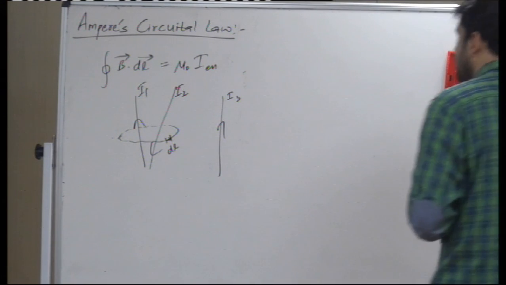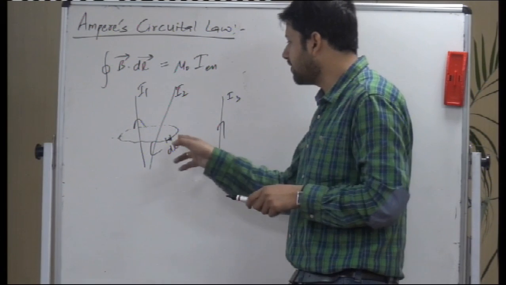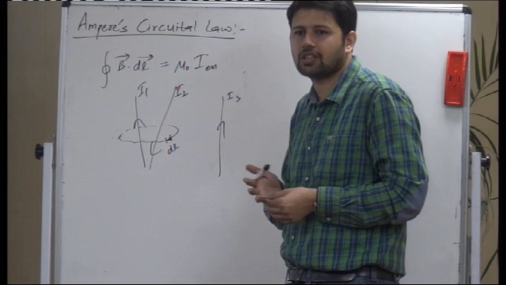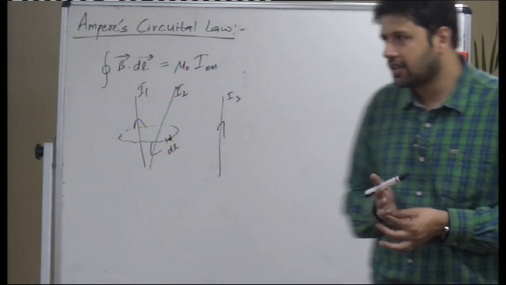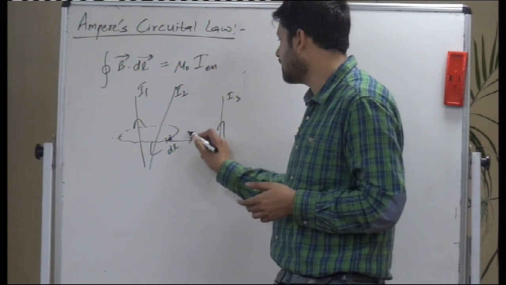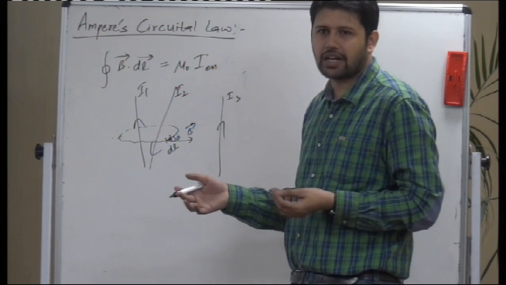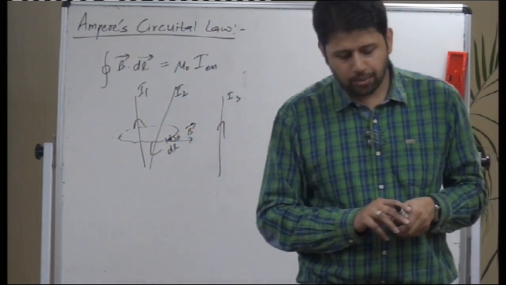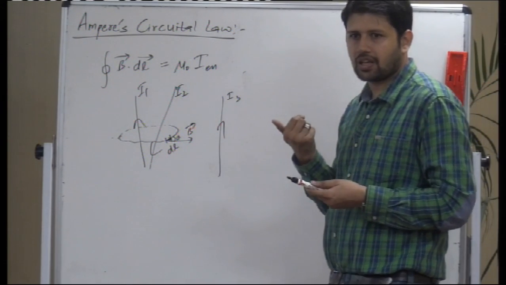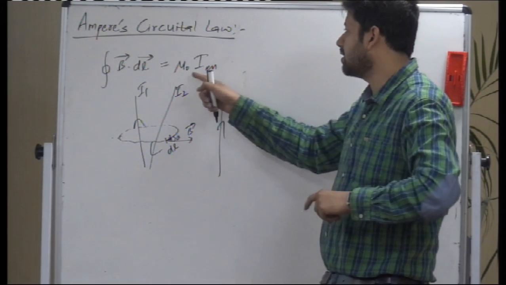If the magnetic field is along the same direction, you would get the dot product as positive. Otherwise you would get it negative. Let's say B at this point is in this direction, so there would be some angle involved. We take care of that angle as well. So we take the dot product of the B vector and dl vector for these small elements added. This is how we calculate the line integral, and it is equal to mu naught into I enclosed.